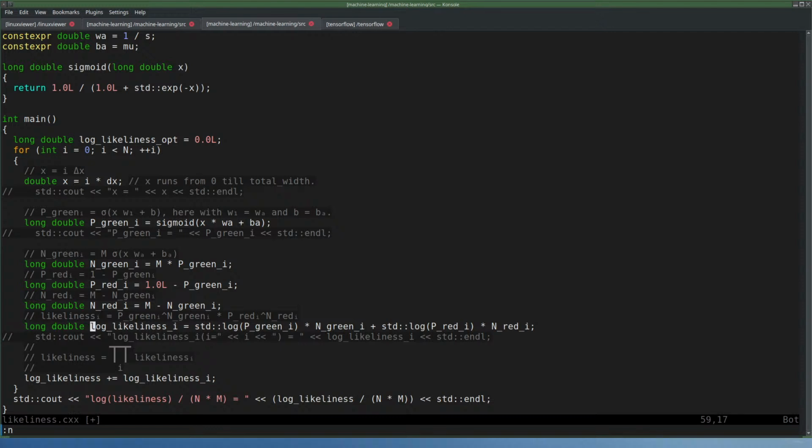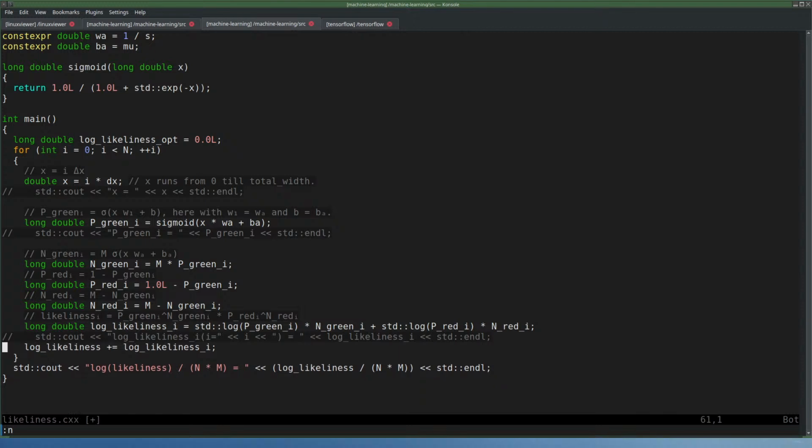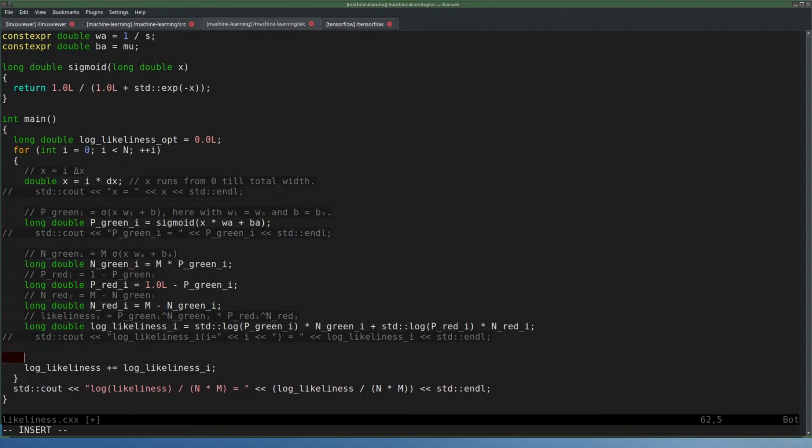Okay, then we do that here as well. So the log likeliness is that times that plus that times that. Well, it looks good. Definitely have a formula for this.